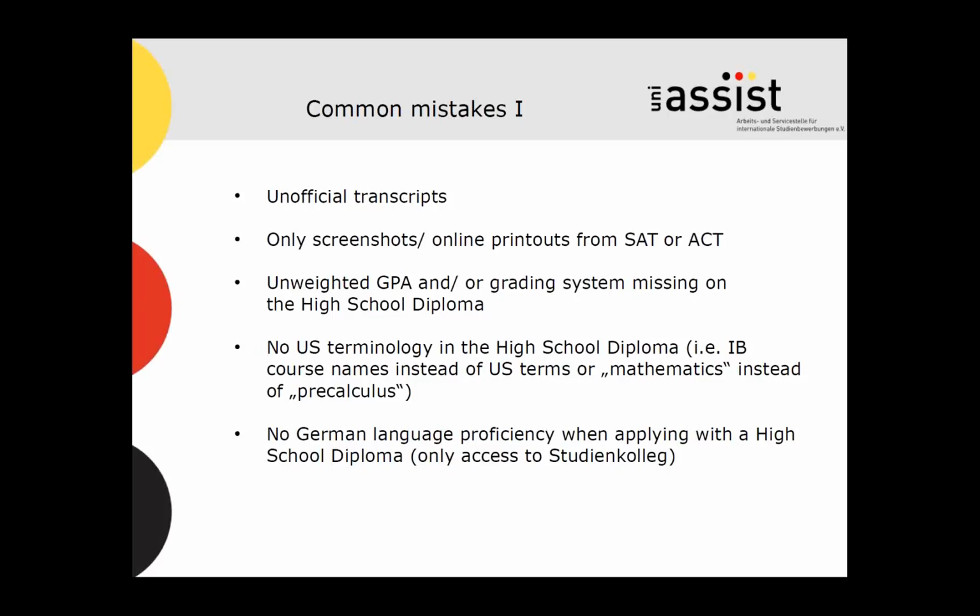What we need is really an official version from College Board. Unweighted GPA or grading system missing on the high school diploma is the third very common mistake.